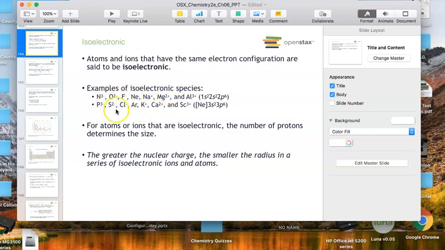You see that here in the second example as well, ions, and then the one that's not an ion is a noble gas. So for atoms or ions that are isoelectronic, the number of protons determines the size. The greater the nuclear charge, the smaller the radius in the series of isoelectronic ions and atoms.